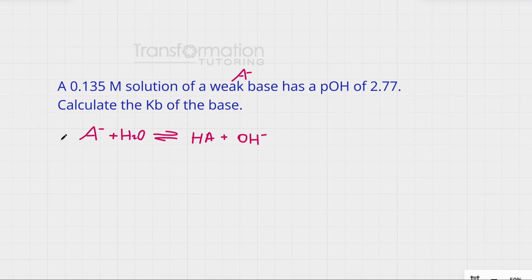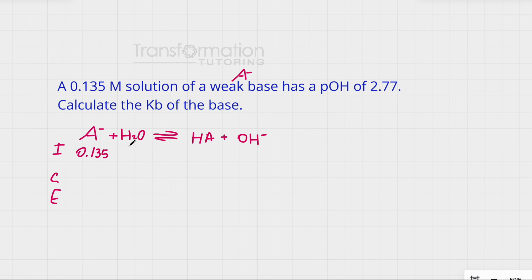The next thing that we're going to do is make the ice chart. In our ice chart, I stands for initial, so we will include any of the initial concentrations given, and we see that there is a 0.135 molar solution of weak base, so our initial concentration of weak base is 0.135 molar.